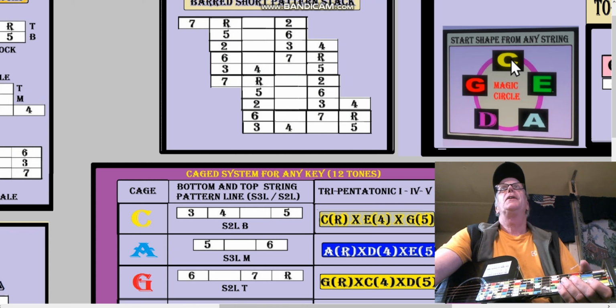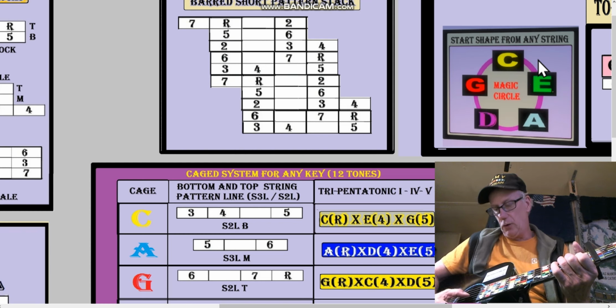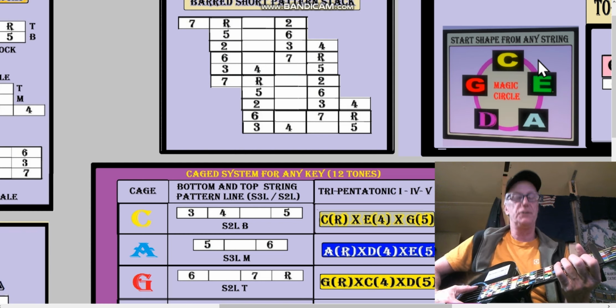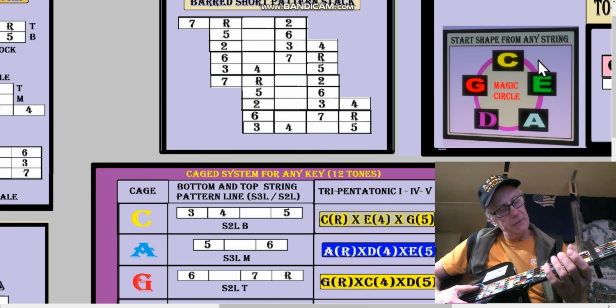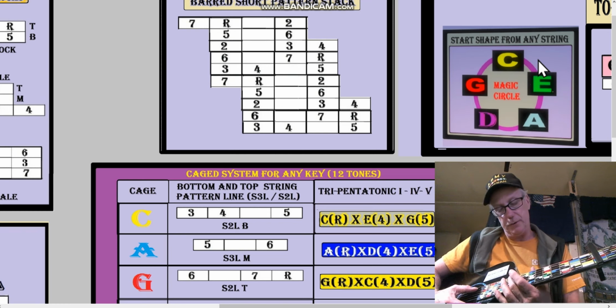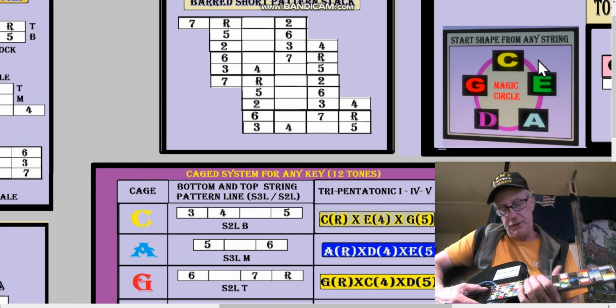Now it does go forwards in other situations. For instance, if I wanted to play a C chord starting from the second string, I find a C note, I find a G note, because remember, C chord is, so here's a G note on the second string, right?